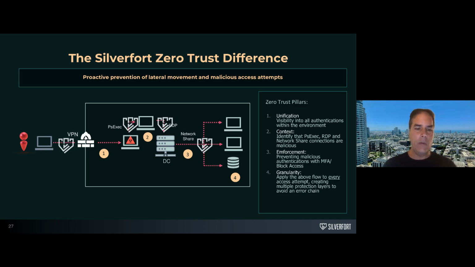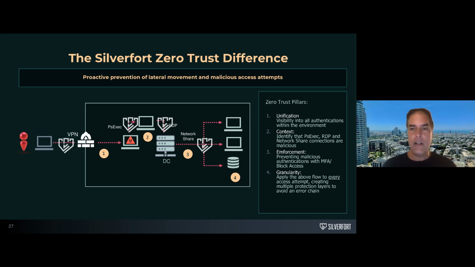They're getting into the network, but this is a previously inactive machine, so there's something suspicious about that. Being able to have this unified view of the whole environment and detect that, wait a minute, this is a VPN that hadn't been active, it's suddenly being authenticated, that looks unusual. That would have stopped it in its tracks.